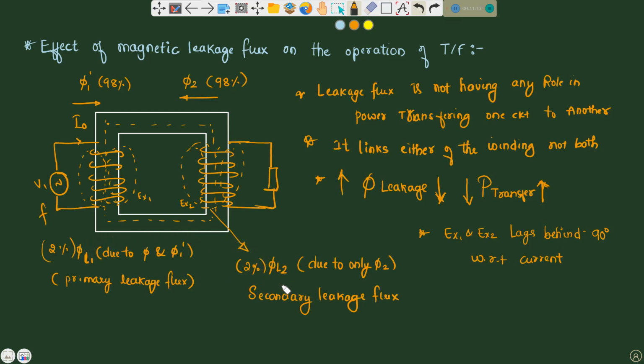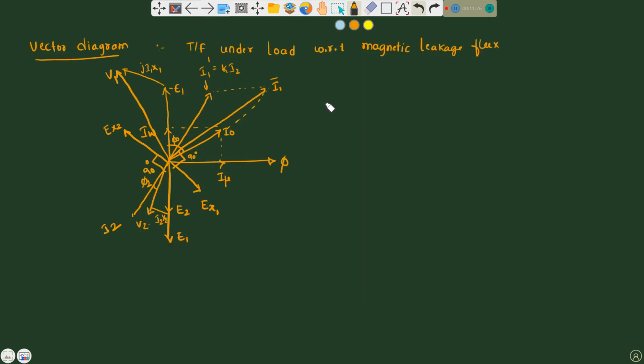On the secondary side, the leakage flux we are going to consider is 2%. This is the secondary leakage flux due to only phi 2. Understood? So we have drawn the vector diagram right now. Correct? So what else are we left with? I think we are left with nothing.